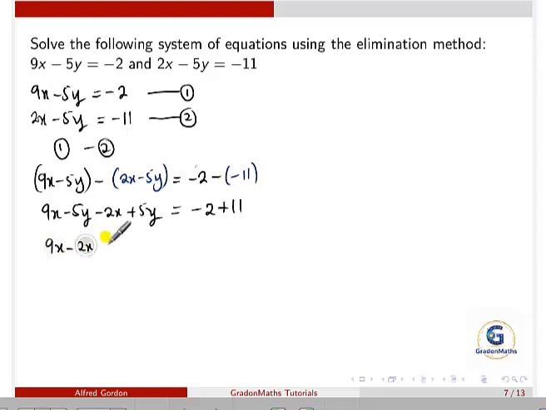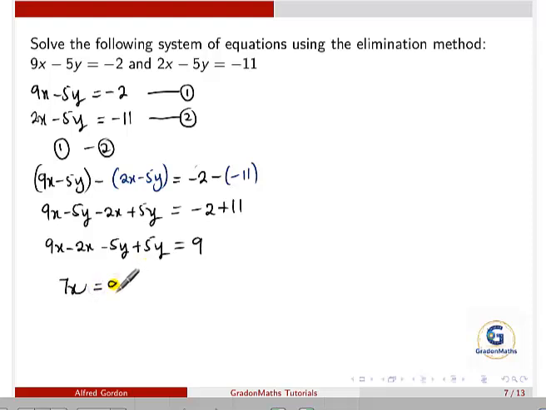We have minus 5y and plus 5y, which gives 0. Minus 2 plus 11 gives us 9, and we subtract 9x minus 2x to get 7x, so 7x plus 0 is equal to 9.